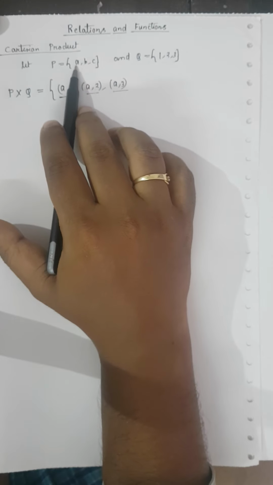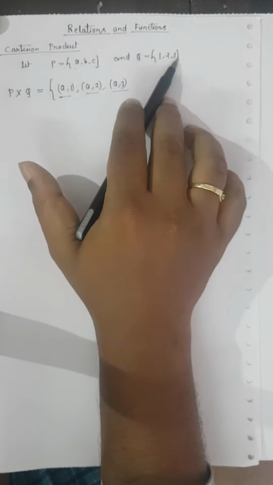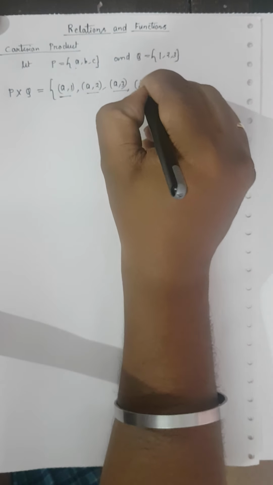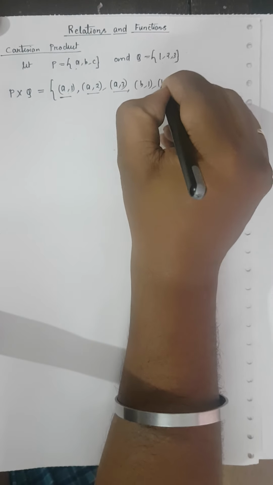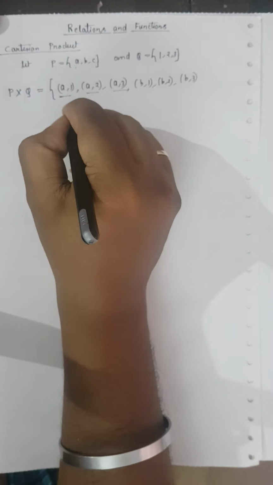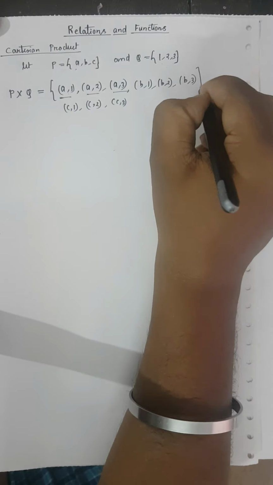The elements A and 1, A and 2, A and 3, where A belongs to capital P and 1, 2, 3 belongs to capital Q. Similarly, for B it will form (B, 1), (B, 2), (B, 3), and (C, 1), (C, 2) and (C, 3).